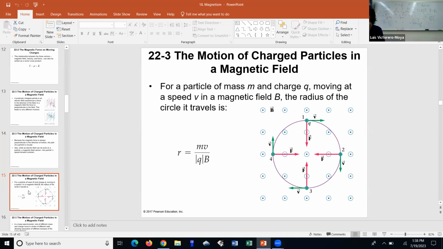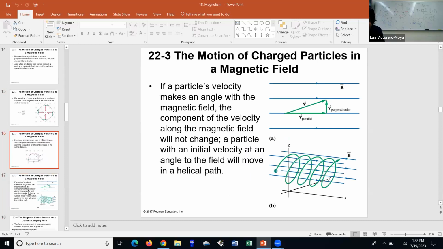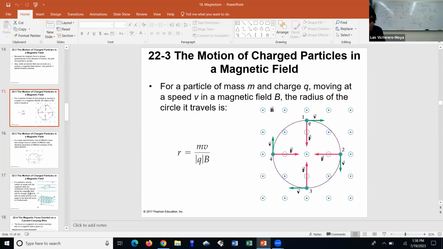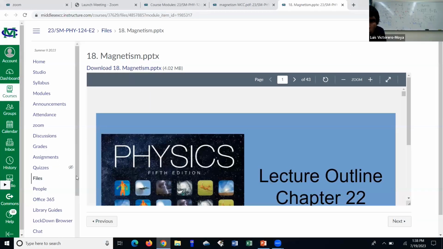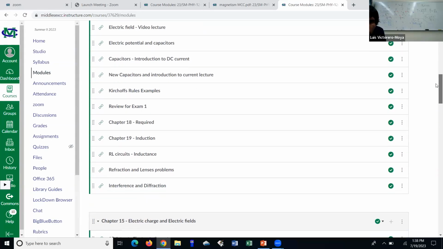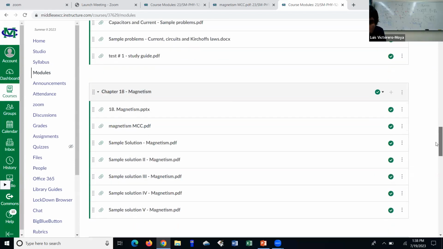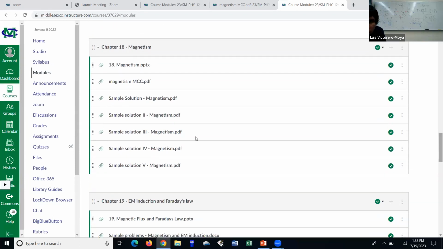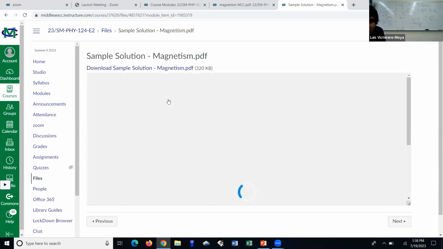All right, so the slides are basically the complement of everything, of course. A few things, by the way, before we move on, I want to show you. If you go to modules in this particular chapter, by the way, here's a few recordings for this same topic. This chapter has sample solutions for a few problems that are similar to the ones in Cengage.